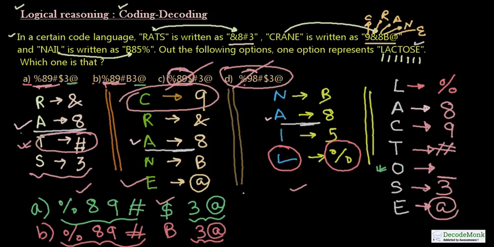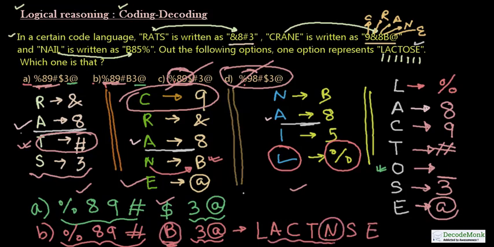But here you see that we have got B, and N is represented by the letter B. So option B, if it is decoded, should be LACT, and in place of B it should be NSE, because N is represented by B. But our aim is not to find the coded word for this particular word, but for lactose.